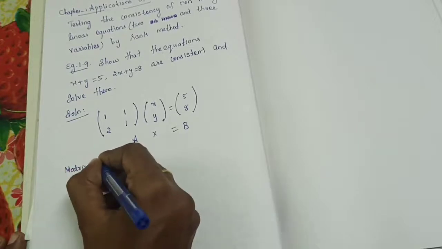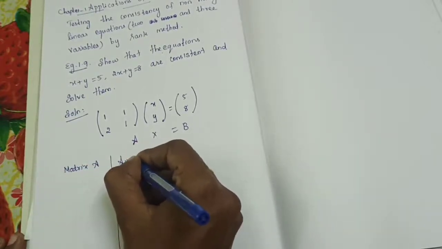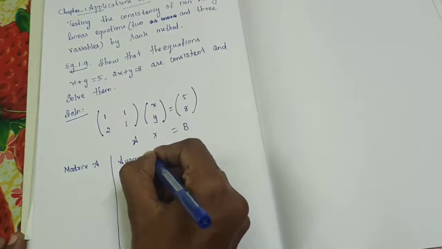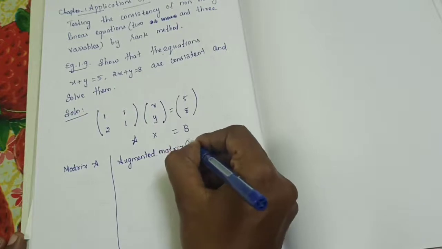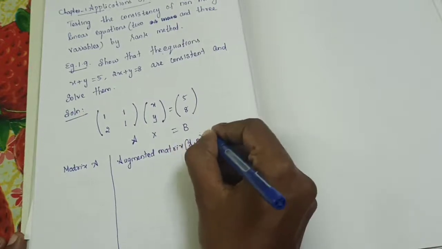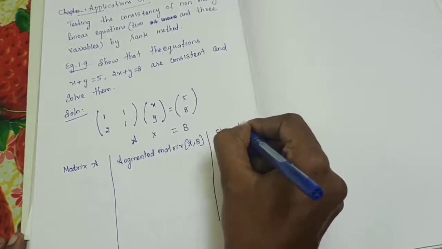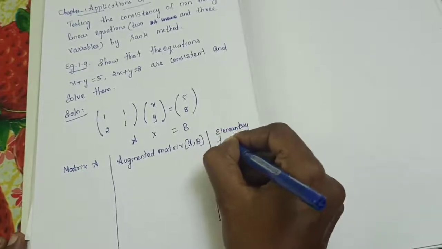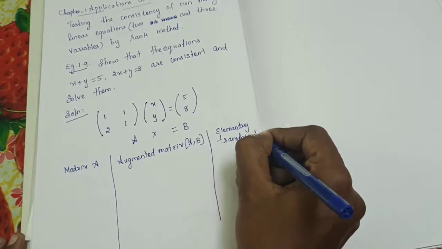I am going to write like this. That is matrix A. Then the next one is the augmented matrix. I said, is it right? Augmented matrix A comma B. Then the last one is whatever elementary transformation I am going to do. That one we did in the last session. So elementary transformation.